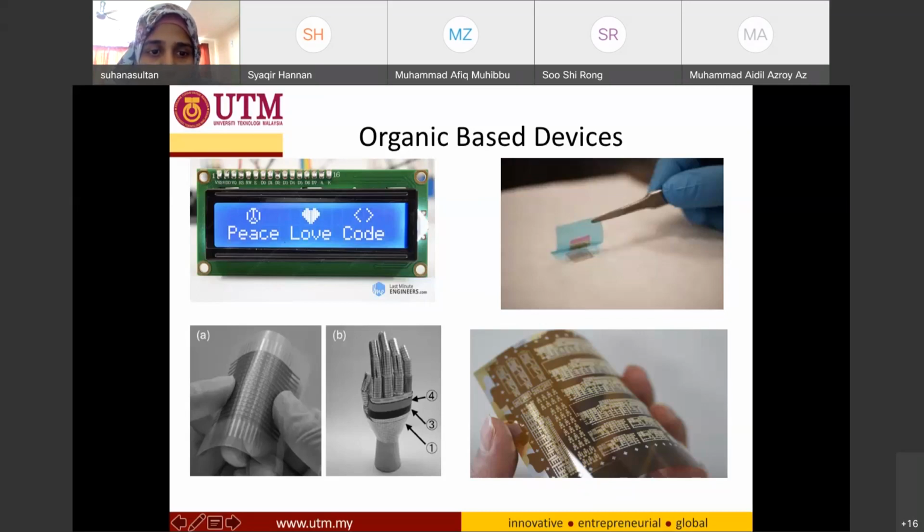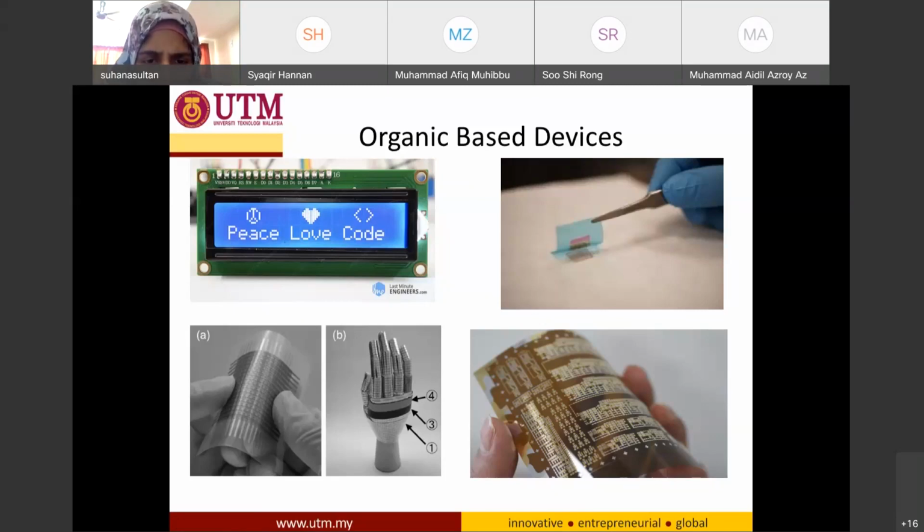This part is studying more the properties of not only bending, but also how much strain, or how much the substrate can withstand. How much you can maximally bend the substrate before it fails. So this is the type of characterization that they have to produce for bendable substrates of flexible electronics.